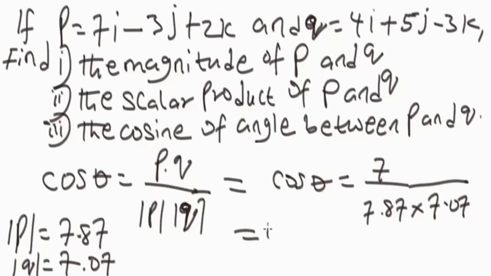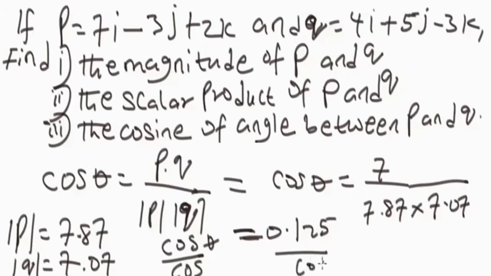So when you simplify this, punching my calculator, I have it to be 0.125 if you are leaving it in 3 decimal places. Alright, so remember we have cos theta equals 0.125. So to make theta the subject, therefore theta will be cos inverse of 0.125.